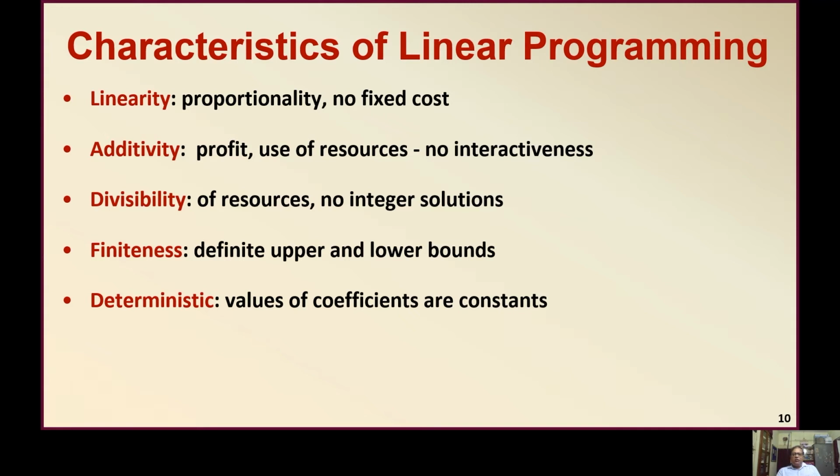The second thing is additivity. What exactly is additivity? For profit or the use of resources, there is no interactiveness. Sometimes I have two products. If I make 2 units of product 1, then 2x1, so 1 unit gives profit of 2, 2 units profit of 4. But there is a second product also. Sometimes if I sell more chairs, then selling tables may become difficult.